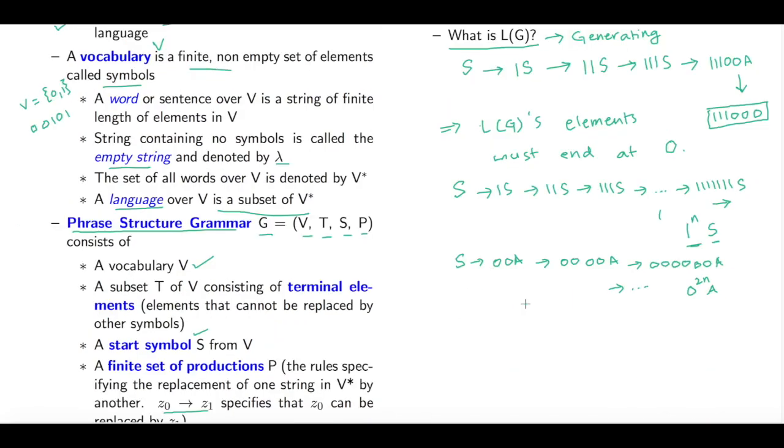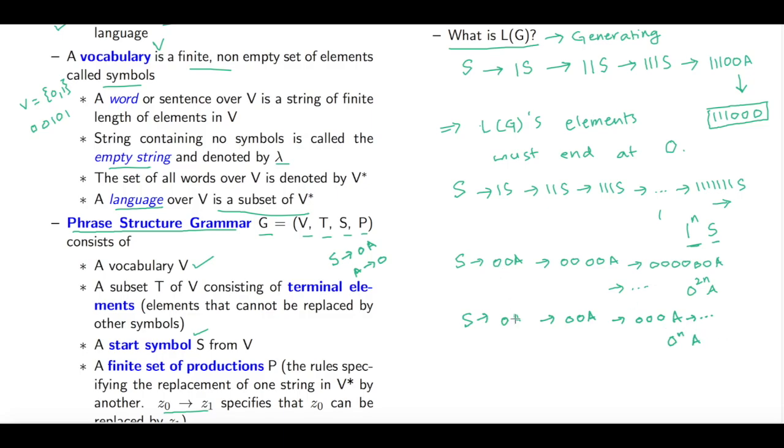Then the 0A story. So let me write it here. S is 0A and A is 0. So I can say S, 0A, 00A, 000A, and so on. I can say 0 to the n A. Okay, now note that this and this can be combined. So if I want 3 zeros, I can say 00A and then A ends up at 0.